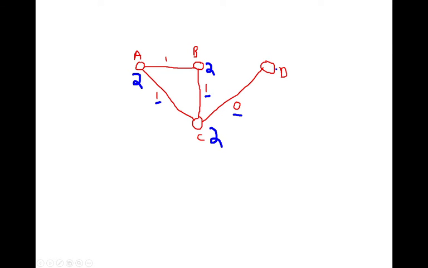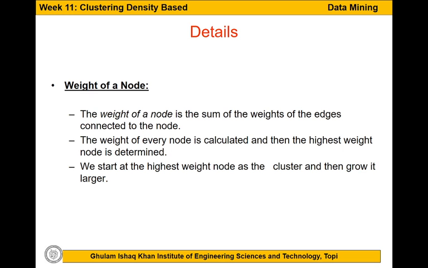And now there is only one edge incident on node D, but the weight of the edge is 0, so the weight of this node becomes 0. So the weight of the node is the sum of the weights of the edges incident on that particular node. I am using the term incident, you can call it connected to the node.